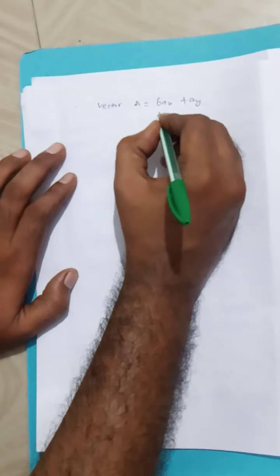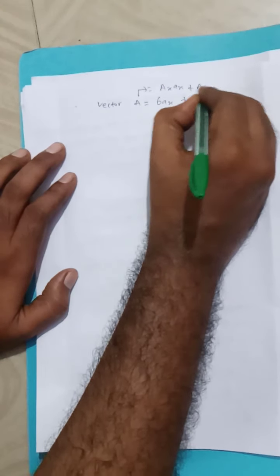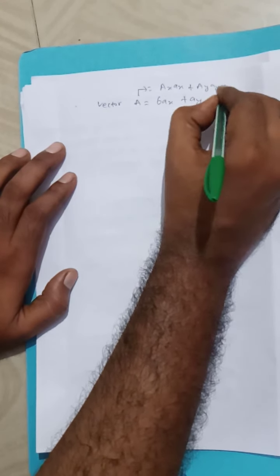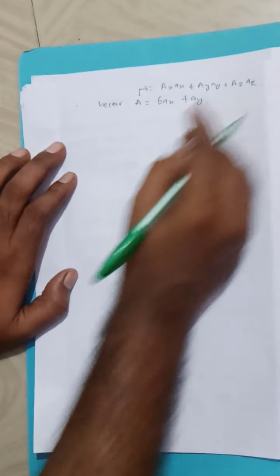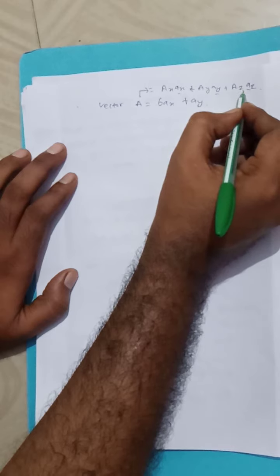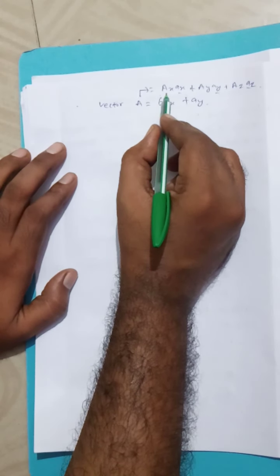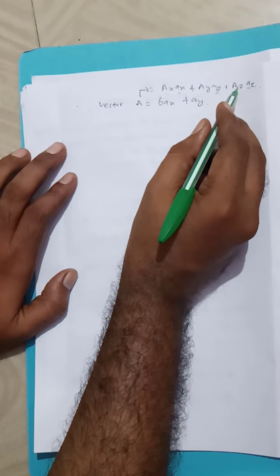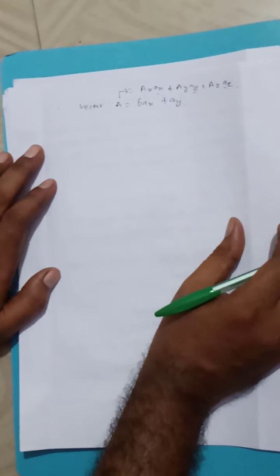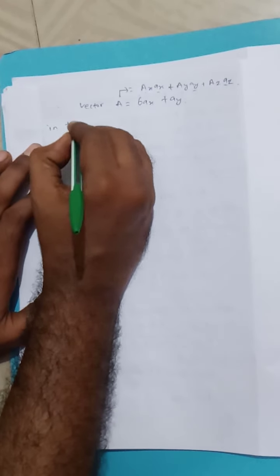Before that, this A can be rewritten in terms of a_x, a_y, a_z, where the small a's are unit vectors and capital A_x, A_y, A_z are magnitudes. Now to get the corresponding cylindrical values, we have the matrix conversion.